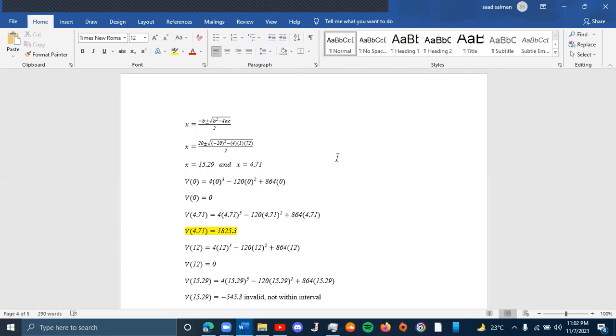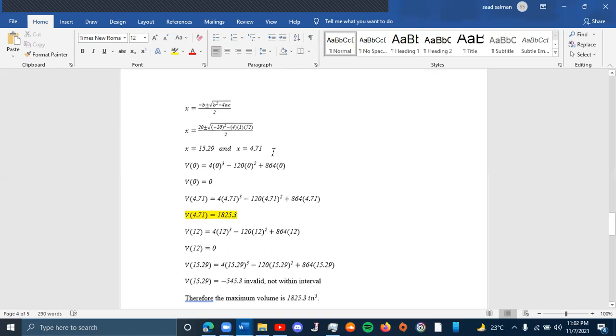Now we'll substitute the number 0 into the equation, which will be V of 0 is equal to 4 multiplied by 0 cubed minus 120 multiplied by 0 squared plus 864 multiplied by 0. So V of 0 is equal to 0. Now we'll substitute 4.71, which will give us V of 4.71 is equal to 4 multiplied by 4.71 cubed minus 120 multiplied by 4.71 squared plus 864 multiplied by 4.71, which will give us an answer of 1825.3.